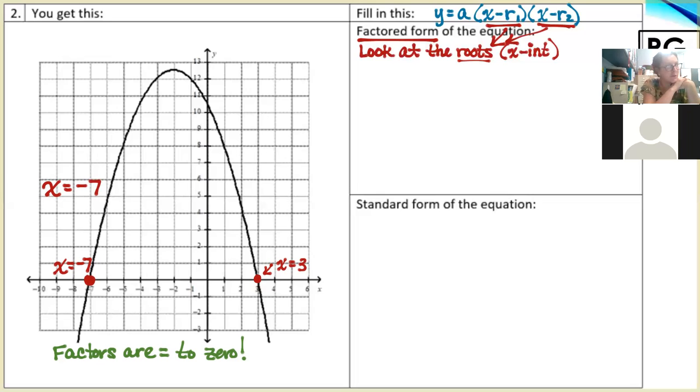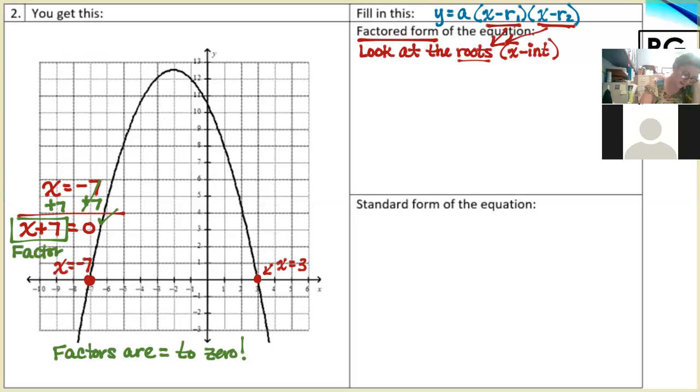What would I need to do to both sides to make that -7 cancel out? I need to add. So I'm going to add 7 to both sides so that I can get my factor. So x plus 7 equals 0. There's that piece. So this is a factor.